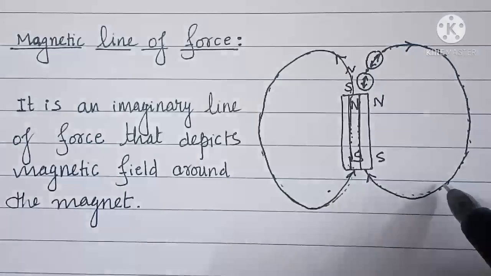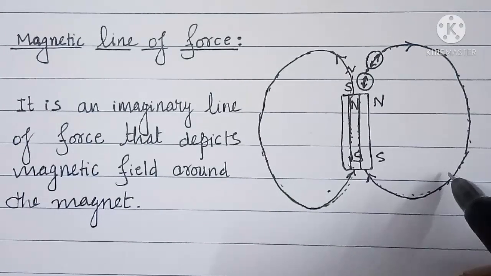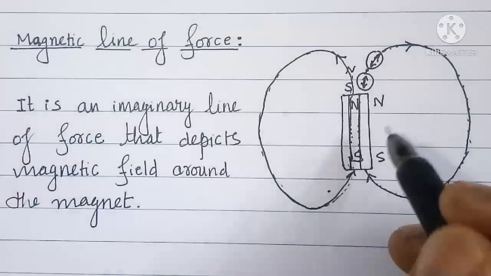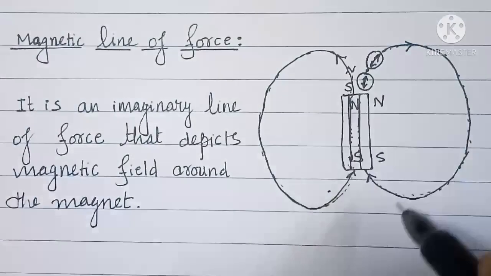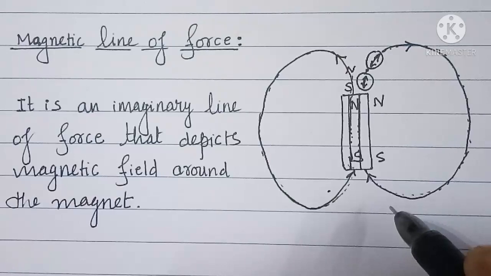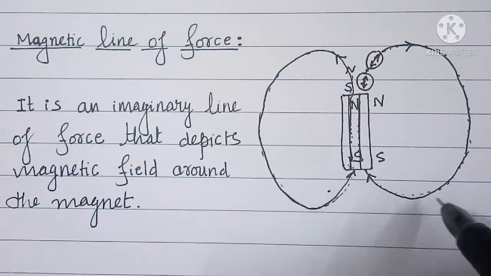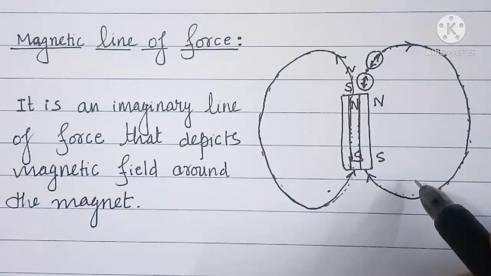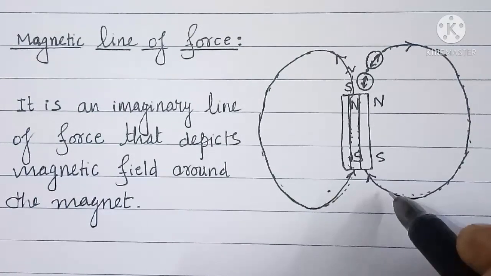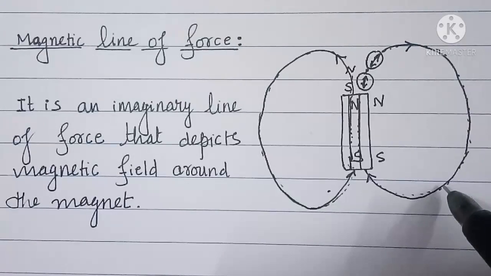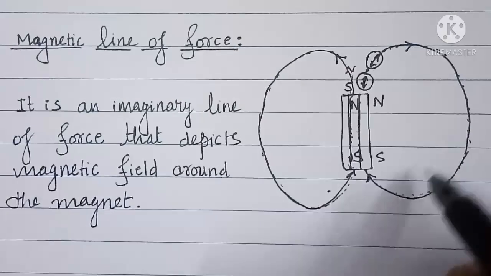That is, if I bring small pieces of iron around this magnet, if I find that iron pieces being pulled by the magnet, it means that there is magnetic field in that region.